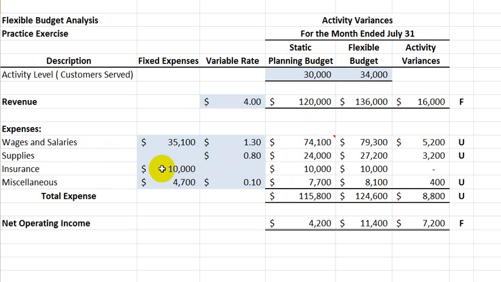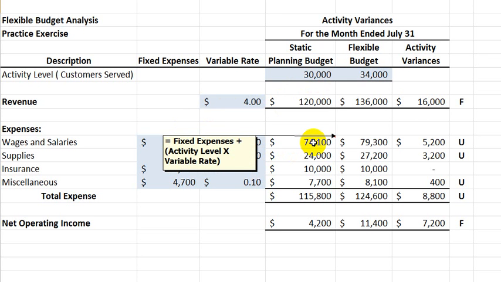Similarly, on wages and salaries, in this case we have a fixed amount of $35,100, and in addition to the $35,100, we will incur wages and salaries of $1.30 per customer. Multiplying that $1.30 times the 30,000 and then adding the 35,100 gets us the 74,100.